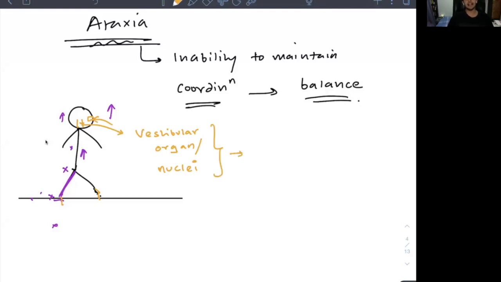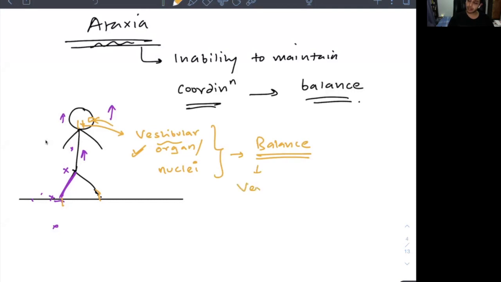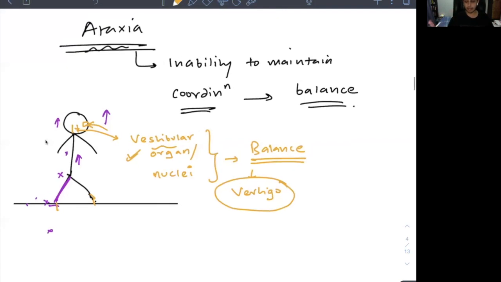The vestibular nuclei is mainly involved in a sense of balance, because all the information of whether your head is straight or turned, if your body is straight or turned, all that information is controlled by your vestibular organ. So if your vestibular organ is gone, you will get imbalance with vertigo. So whenever a patient says, I have vertigo, if the world is spinning or I feel like the entire world is going round and round, then that means something is wrong with your vestibular system. So that can also lead to imbalance.